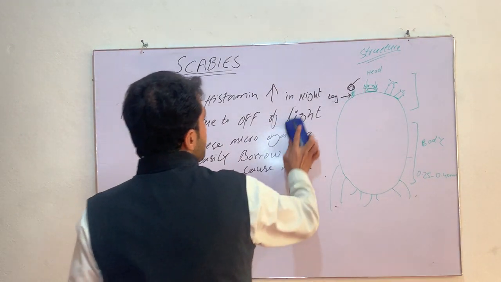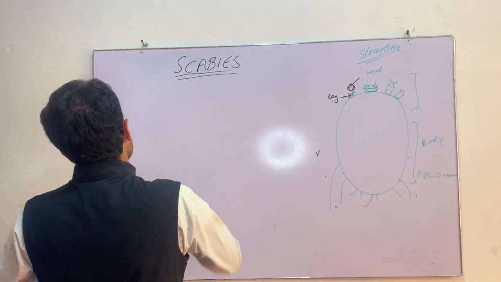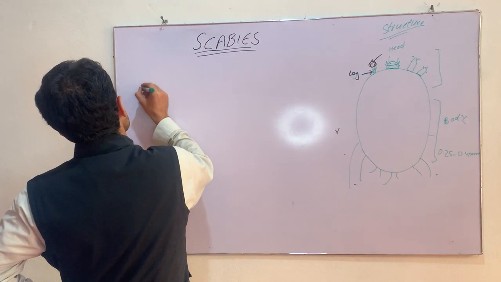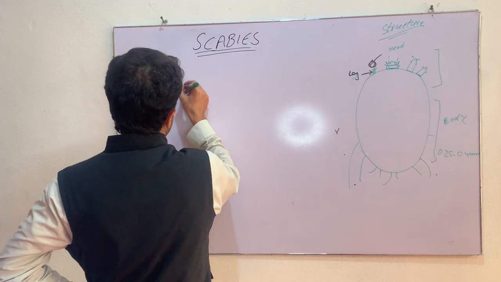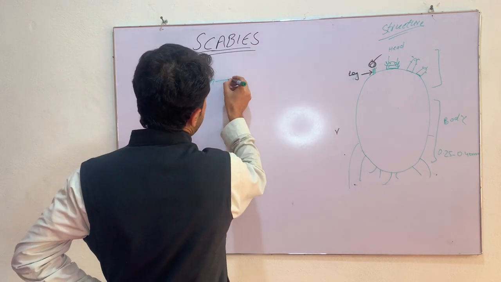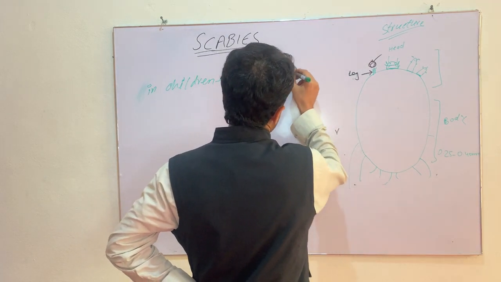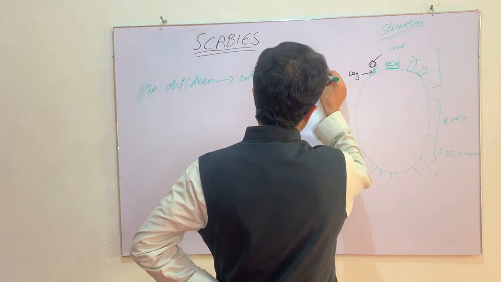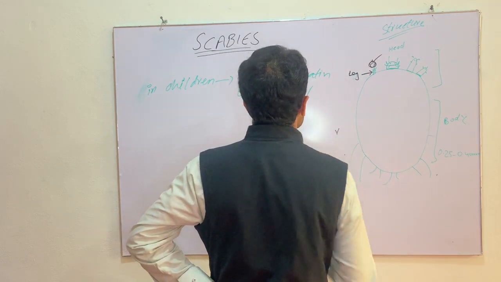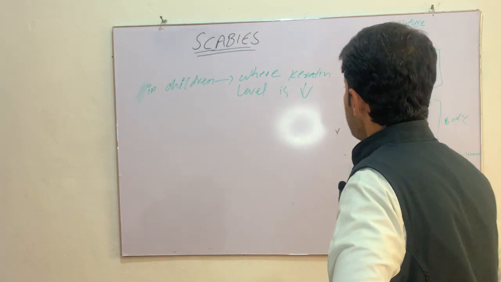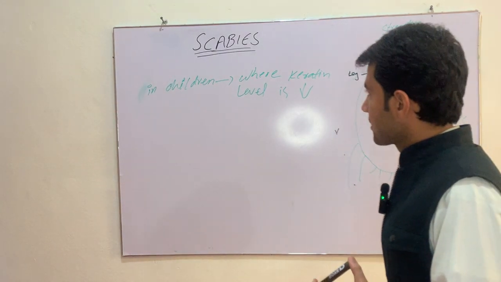And the second question is why head and neck itching increases in children. In the neck and head area of children, the keratin level is decreased. So due to hypokeratinization, Sarcoptes scabiei can easily burrow there and cause itching.